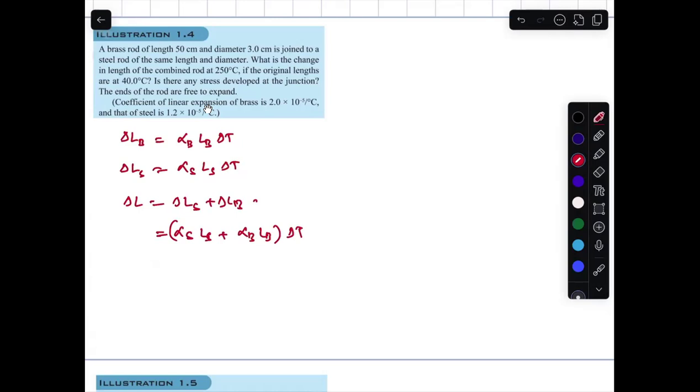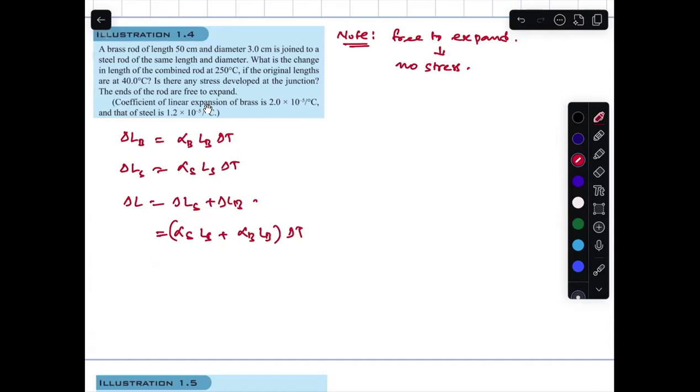See, in this case, note that the combination is free to expand. Free to expand. So therefore, in this case, no stress. Obviously, you are not locking now, free ends.